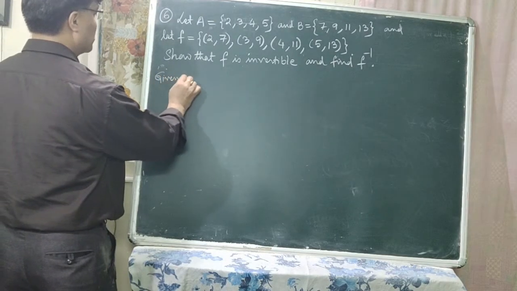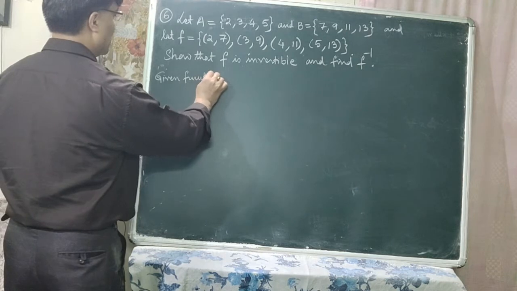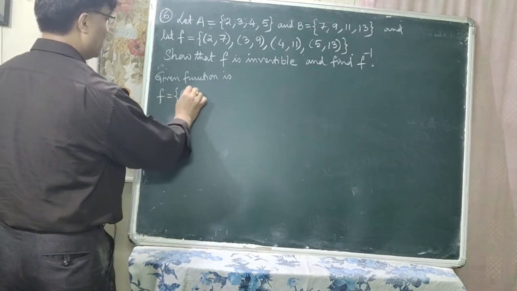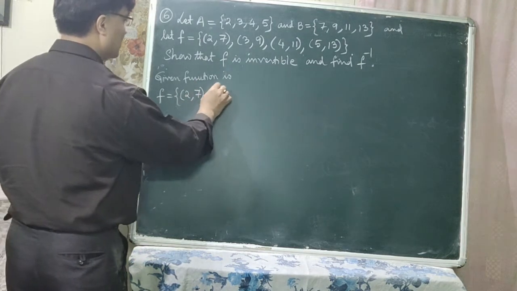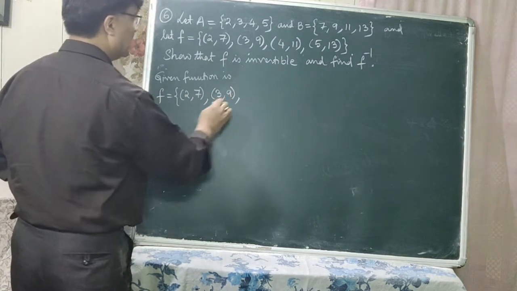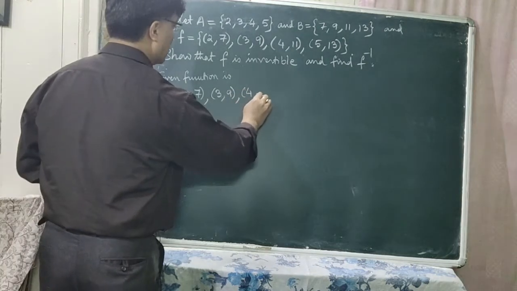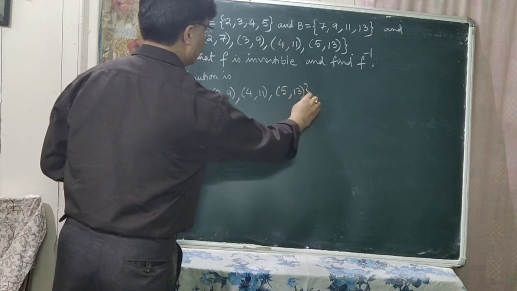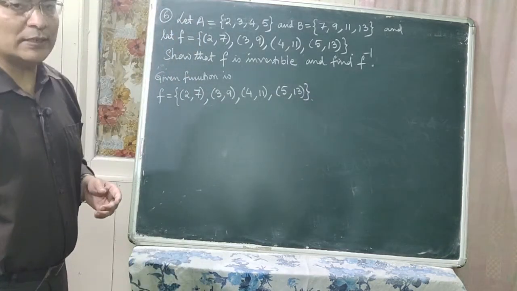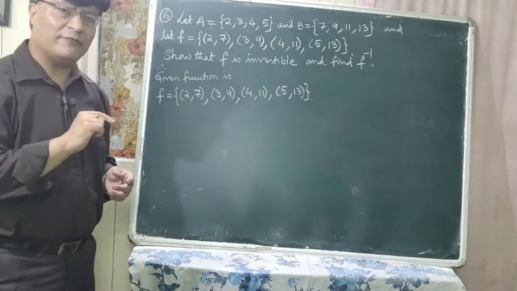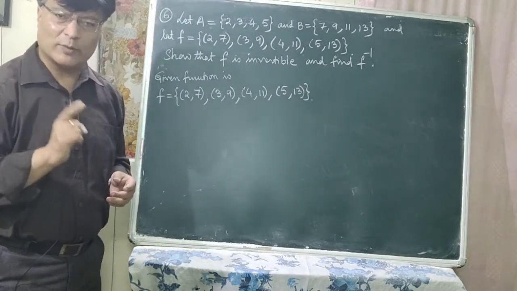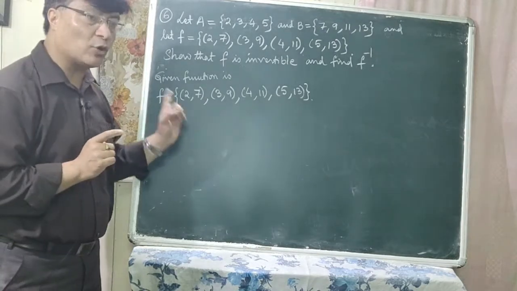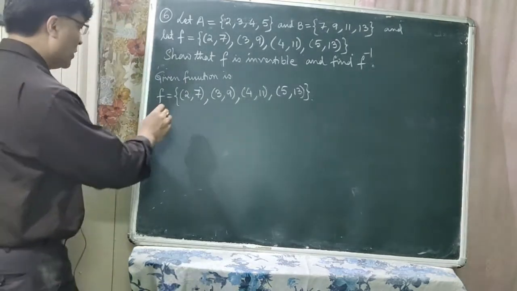Given function is f equal to {(2, 7), (3, 9), (4, 11), (5, 13)}, right? So now in order to prove f is invertible, you have to prove that f is one-one and onto. So for this, let us write down the domain and range of f. So what is domain of f?